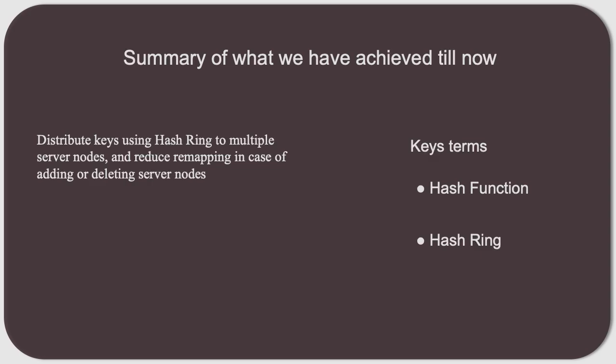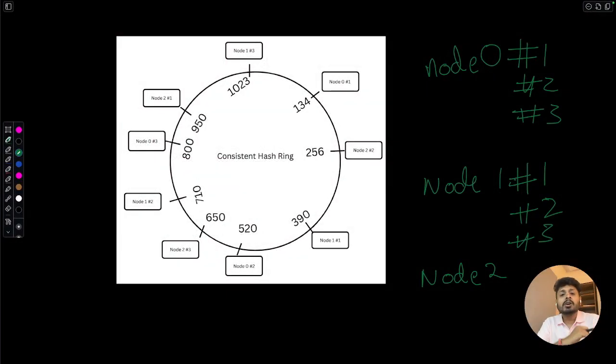We were also able to achieve a fair, even distribution using the virtual node mechanism. So now comes the last point where we think about how we safeguard ourselves from server crashes. If, let's say, an actual physical server node 2 over here dies, what will happen to the data that was stored on node 2, right?